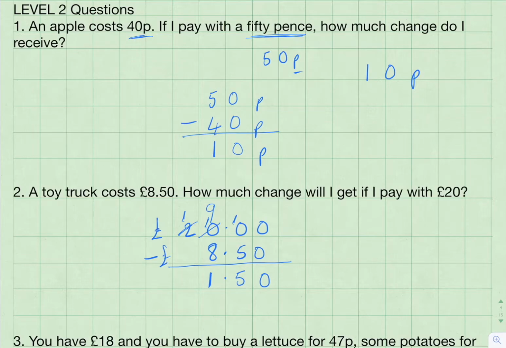And 1 take away nothing is 1. So the toy truck costs £8.50 and I'm paying with a £20 note, so that means I should get £11.50 change.